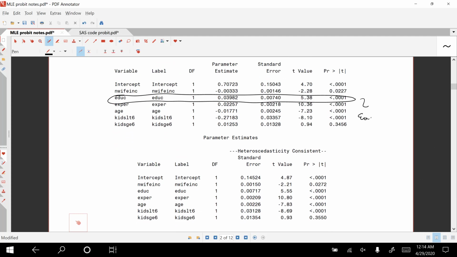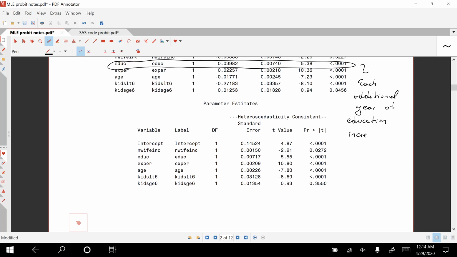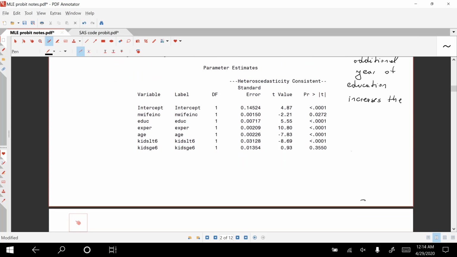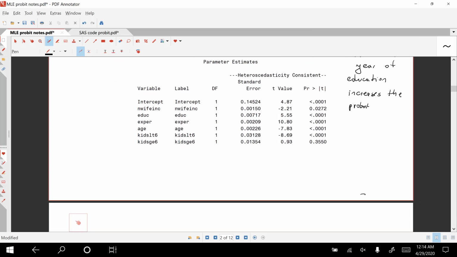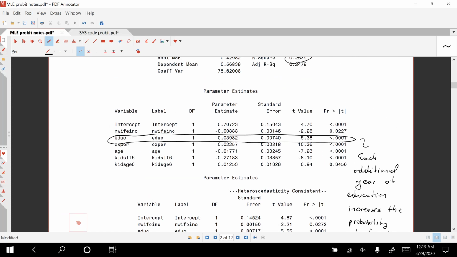So we said that each additional year of education increases the probability of female labor participation by approximately 4%.